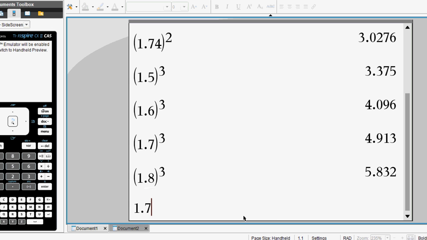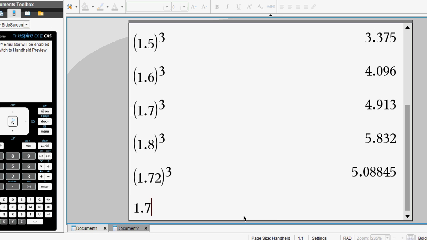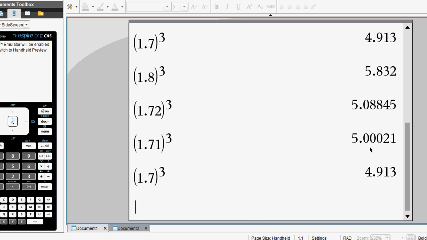So maybe we try 1.72 and that's too big. And 1.71 is too big. So now we've trapped between 1.7 and 1.71. And we can continue the process.